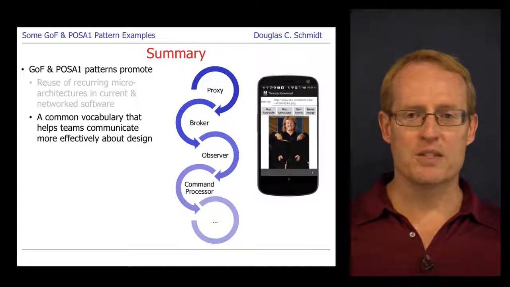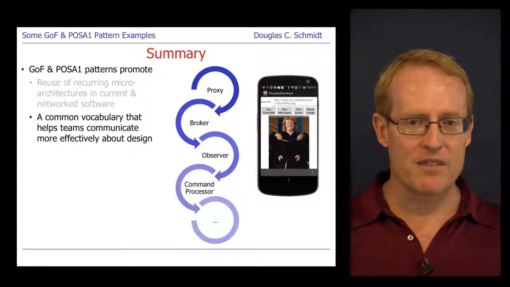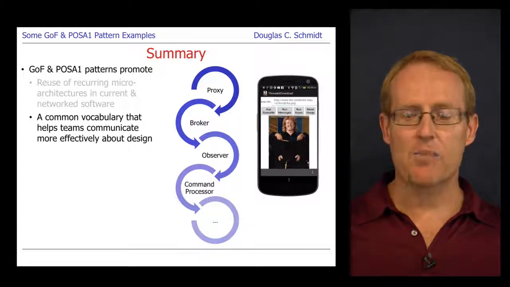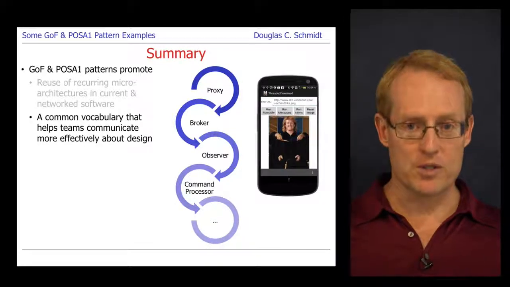Very, very valuable ways to communicate more effectively. As we've seen, even in the small discussions we've had of these four main patterns, they also open up a window to many other patterns that are needed to make them be used most effectively when we build real systems.